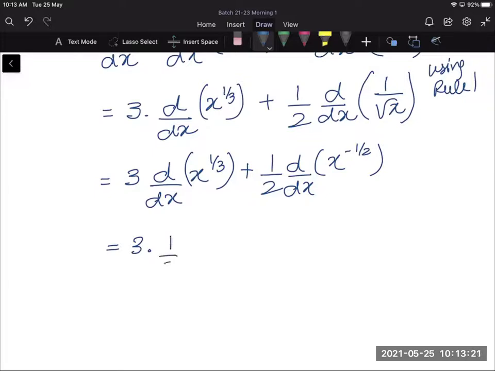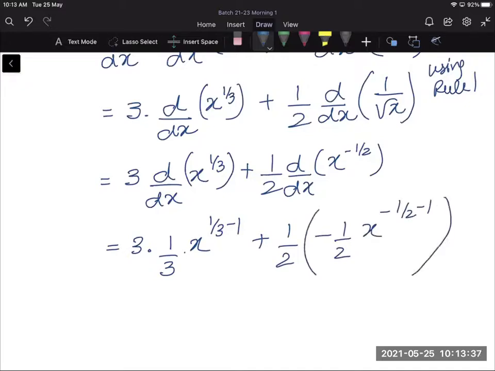So this will become 1 by 3 into x raised to the power 1 by 3 minus 1 plus 1 by 2 into minus 1 by 2 x raised to the power minus 1 by 2 minus 1, right? So a lot of minuses in the second expression. 3 और 3 cancel हो जाएगा यहाँ पे. So I'll get x raised to the power minus 2 by 3, minus 1 by 4 x raised to the power minus 3 by 2.